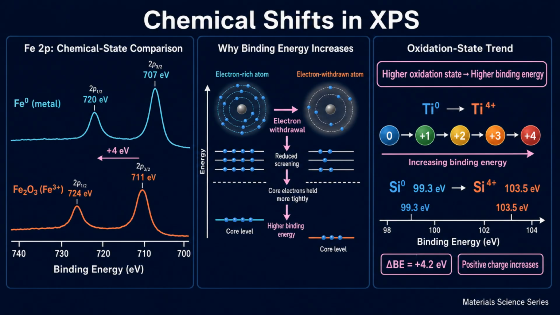Metallic iron's 2p3/2 peak appears at 707 eV, while iron 3+ oxide shifts to 711 eV. The general rule is that higher oxidation states produce higher binding energies. This makes XPS invaluable for studying corrosion, catalysis, and surface chemistry.